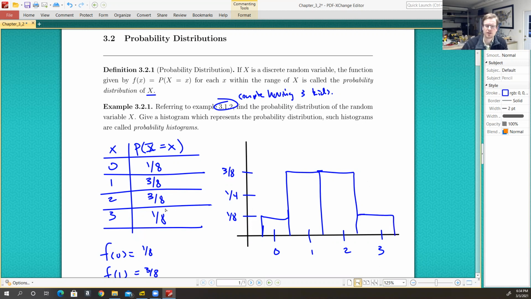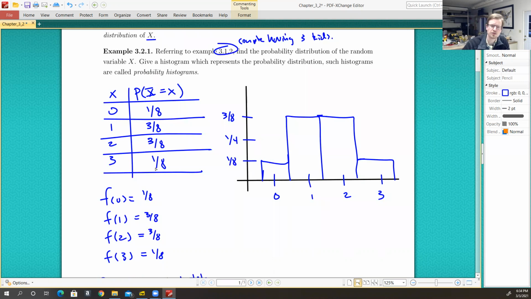Excellent. So here we're using the value of the random variable as the mark for the center of the bar for the histogram. You may also choose to have it be actually here, right? Have that be 0, have this be 1, that sort of thing. That's pretty common as well. But there are another couple of alternatives too. You can have a bar chart where the bars aren't actually touching.